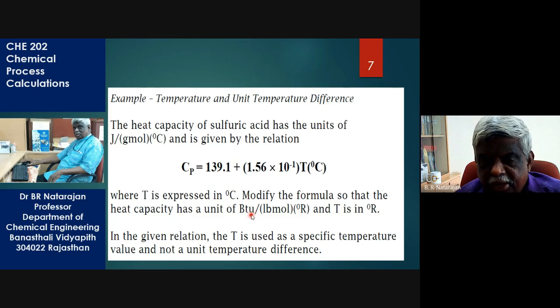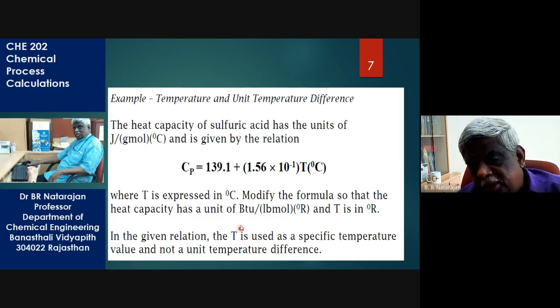You want it in BTU, not in gram mole. So the unit of energy is changing from joules to BTU. So we need to convert joules into BTU. We need to convert gram mole to pound mole.